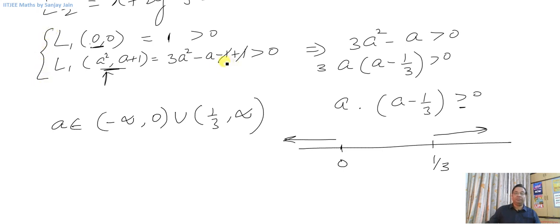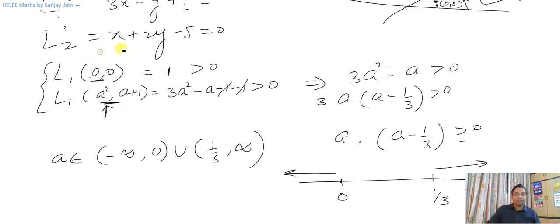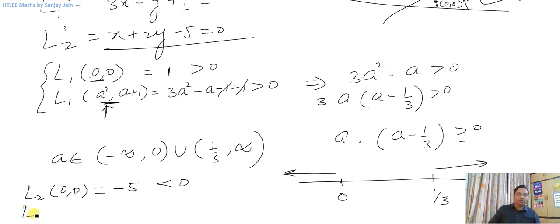Because these 2 points lie on the same side of L1. Now let us think about L2. So this is line L2. What will be L2 at (0, 0)? It will be equal to minus 5, which is less than 0. So I already know that L2 at (a squared, a plus 1) should be less than 0 for these 2 points to be on the same side of L2.